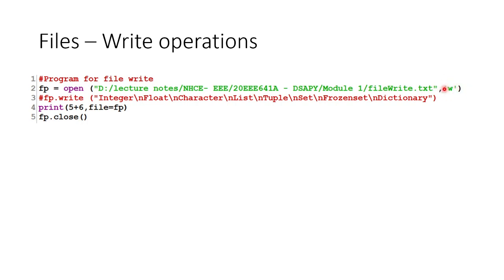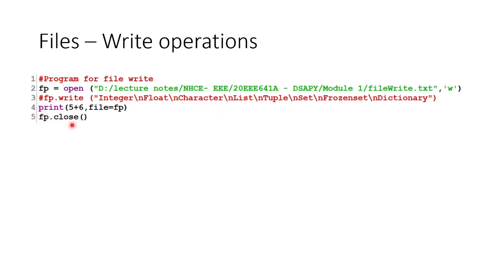So W represents the write mode. In the write mode, a file is ready and an object is assigned to it. It is called FP. So FP will deal with the writing operations for the file write.txt. And yes, we can write to it.